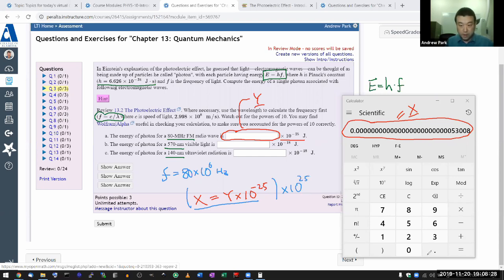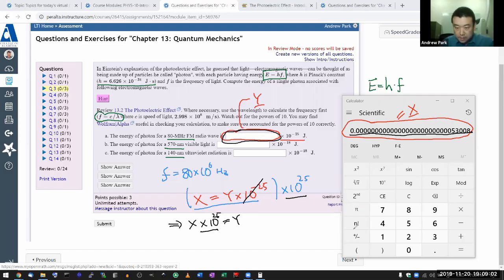With this, what I'm hoping is this will cancel out the 10 to the minus 25, and the 10 to the 25 times X will go on the left-hand side to give me X times 10 to the 25 is equal to Y. So remember that this number here is X. What I'm going to do is multiply that by 10 to the power of 25 to get the number that I need to plug in at the front here.